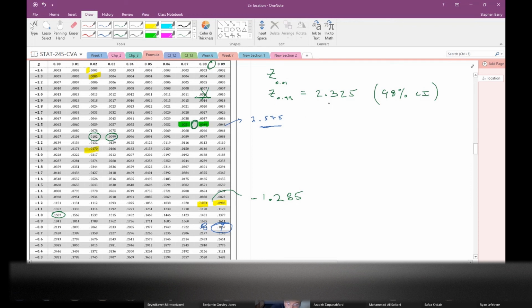If you want to be 98% confident using Z-scores, there it is. But just be comfortable using this table, because on the final exam last year, I think they used like 82% confidence. Make sure you're comfortable looking them up. So there we go, 2.325.